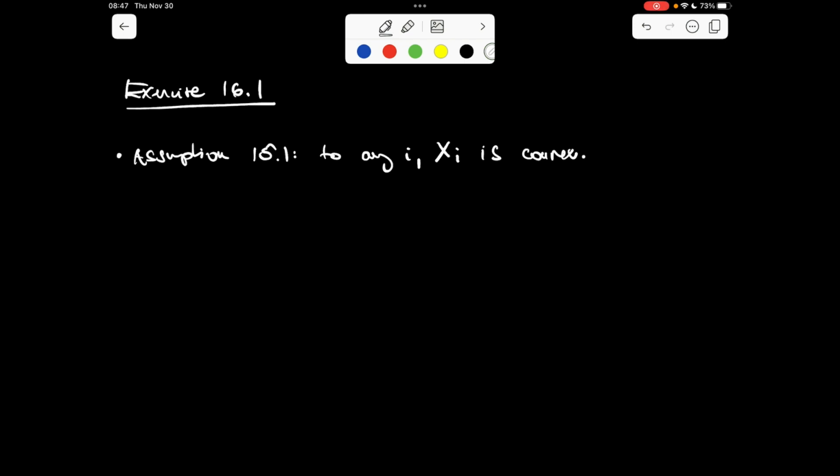Because to any I it is the positive orthant of the space L infinity, this assumption trivially holds. So we are good.